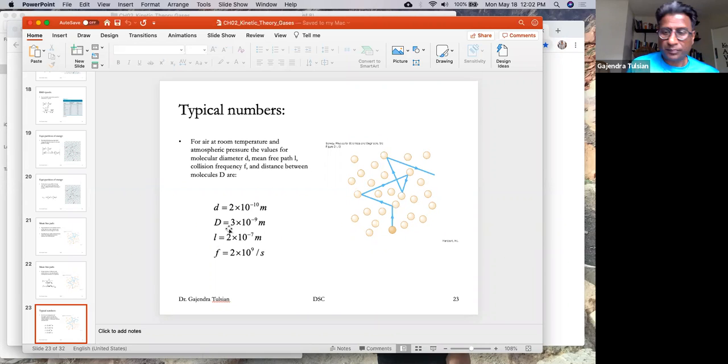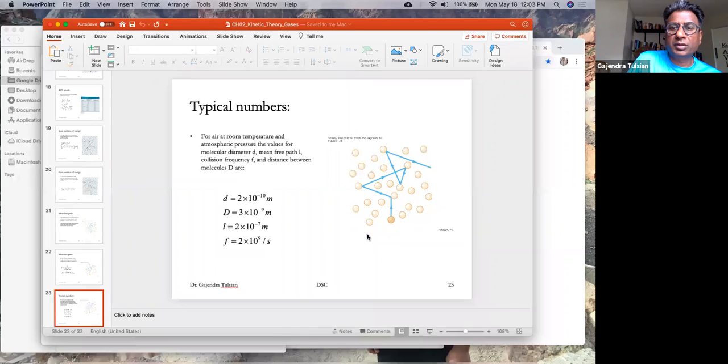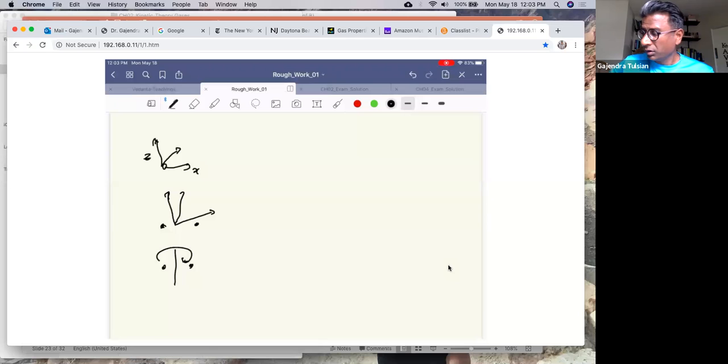So let me go to the chalkboard. If the molecules are this big, they're about that far apart, and they'll go a lot further than the end of the iPad before they collide.